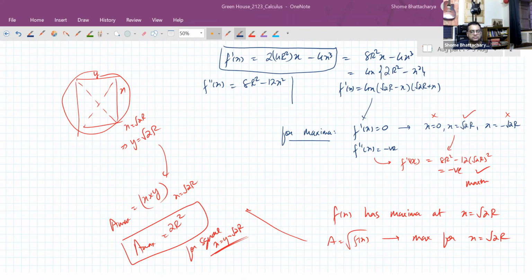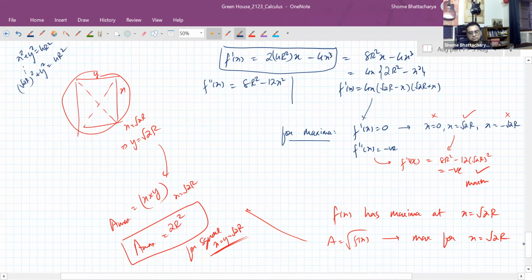See, x square plus y square is 4r square. So when x is root 2r, we get this.